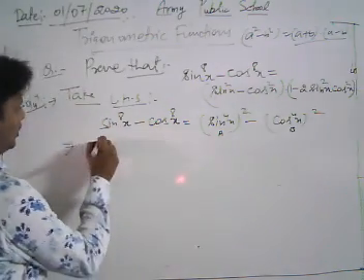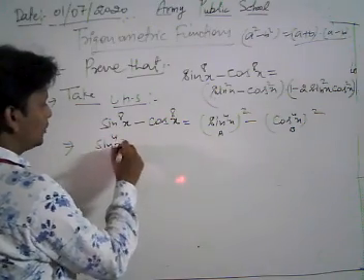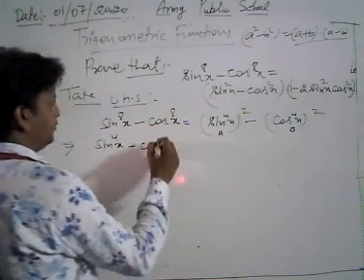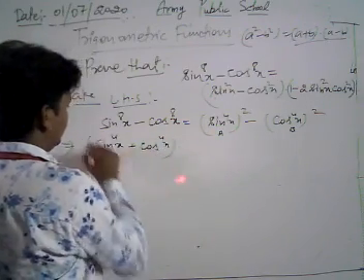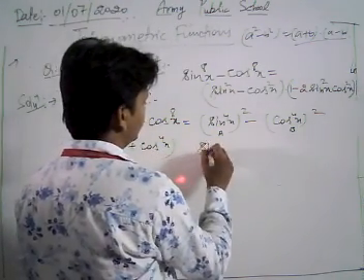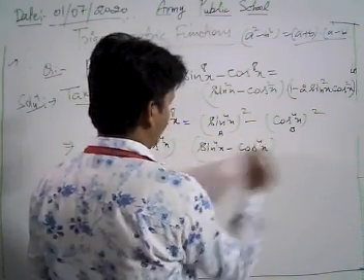Let's see. A means sin to the power 4x, a plus b into a minus b, that is minus b.